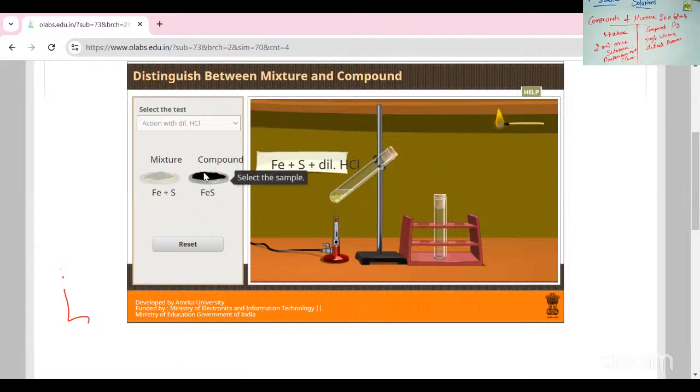Next one, the next sample. Look here. Is there any change? Sorry, it is not functioning right.